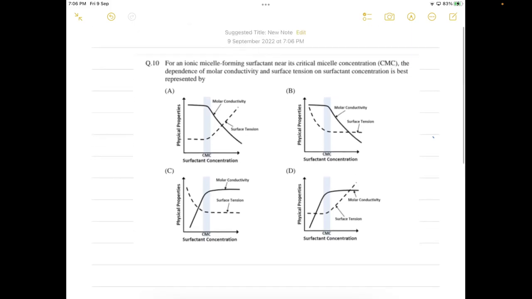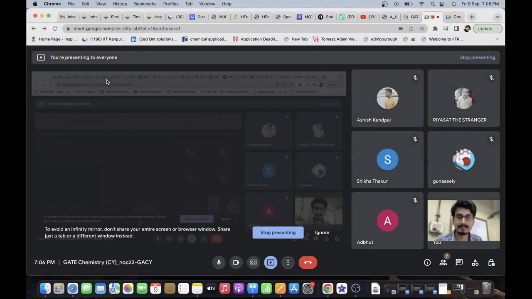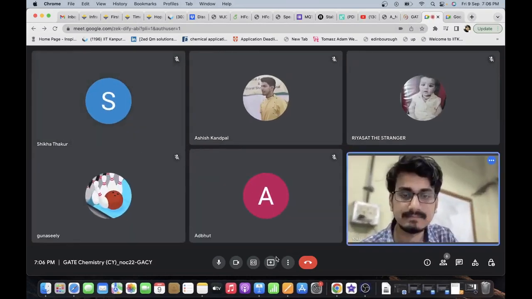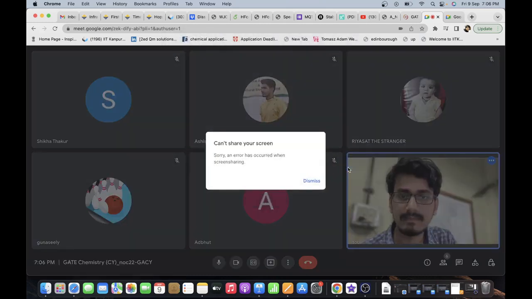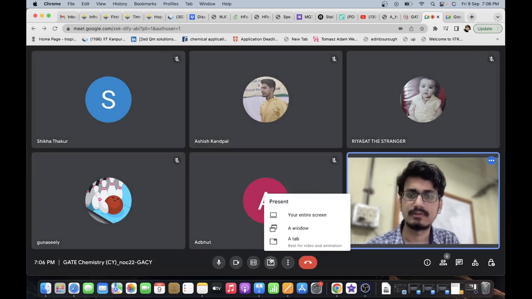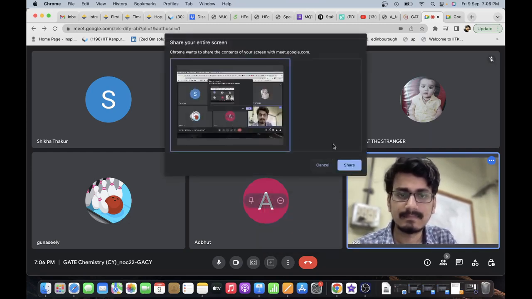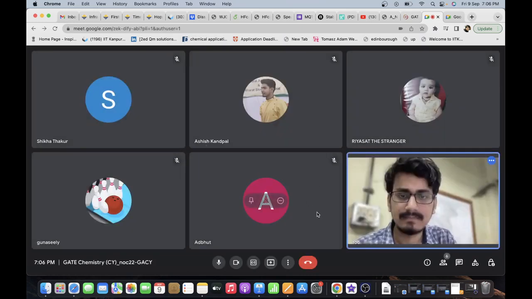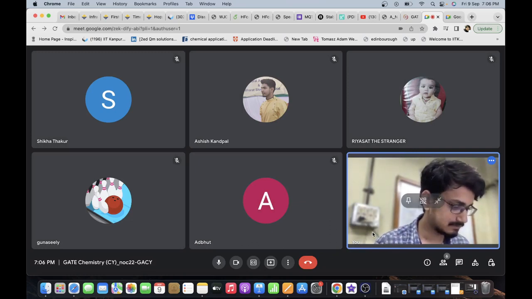The slide is not visible to me. Why is it happening? Just a second.